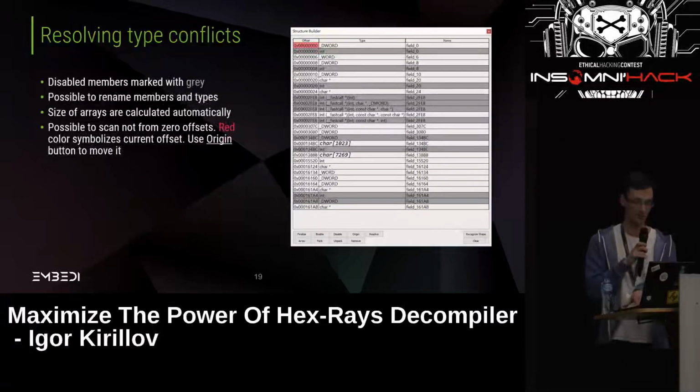Here conflicts are solved by disabling some candidates. They are marked gray now. This window allows more. We can rename dummy names of members and change their types. Also, we can make some members arrays, and their size will be calculated automatically.